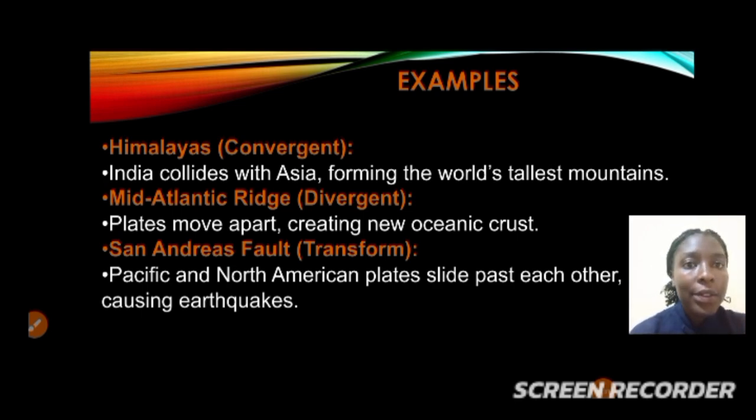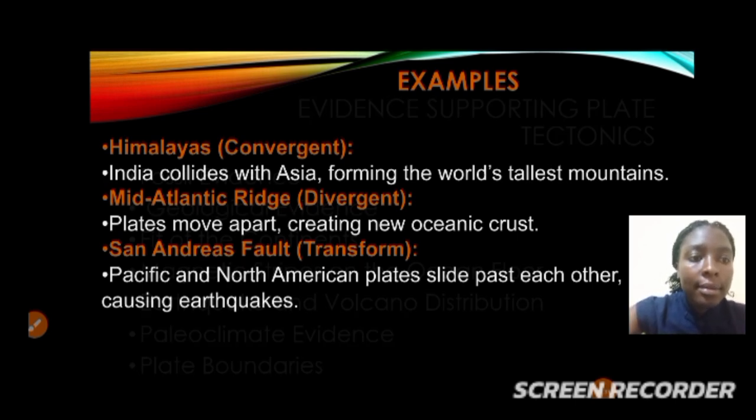In divergent, we have the Mid-Atlantic Ridge. This is where plates move apart, creating new oceanic crust. Then on the transform boundary, we have this one example, the San Andreas Fault. This is due to the Pacific and the American plates sliding past each other, causing earthquakes.